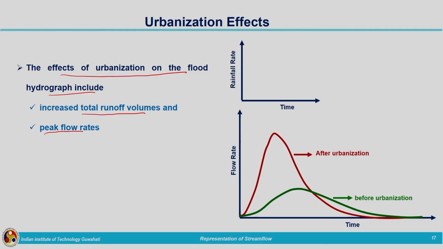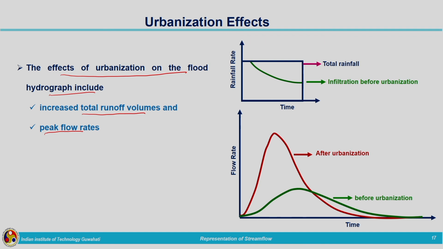This is after urbanization. Now, when we are plotting the rainfall rate versus time, if this is a uniform rainfall intensity we have considered, out of that total rainfall, this green line is representing the infiltration before urbanization. In the case of before urbanization, impervious areas will be less. So, we will be having more and more infiltration taking place.